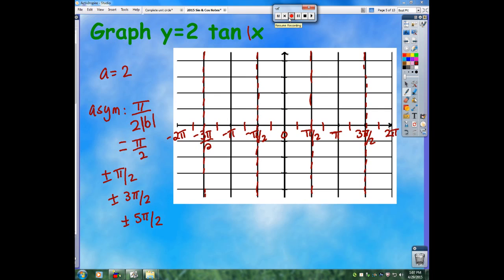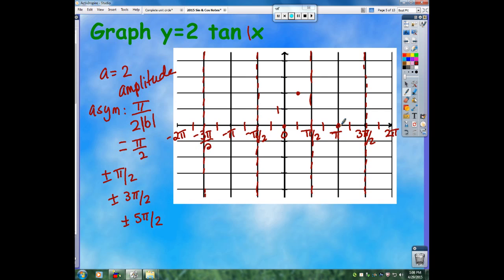Alright, so remember at the 45s we're up and down at 1. But since our amplitude is 2, amplitude is the absolute value of A, which is our 2. That means our height is going to increase to 2 instead of 1. So instead of going at 45 going up 1, we're going to go up 2. At 0, we're at 0.